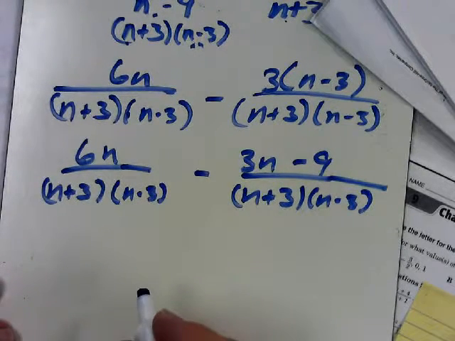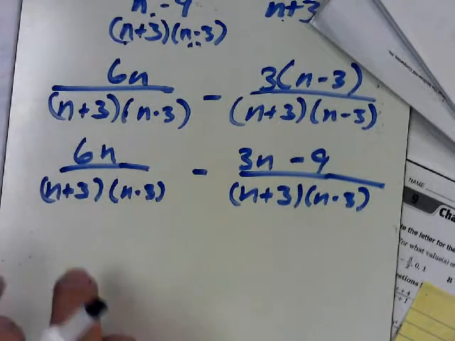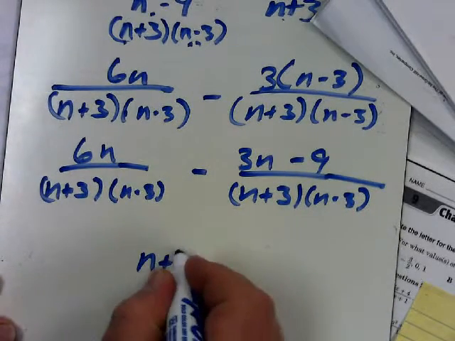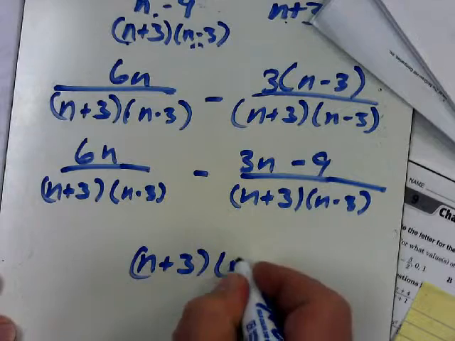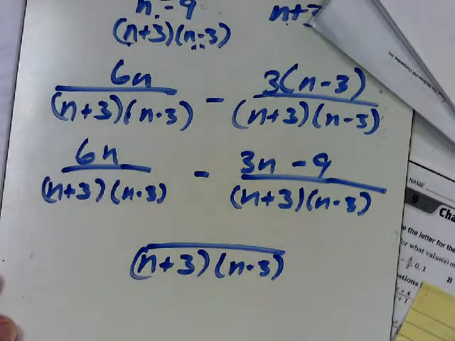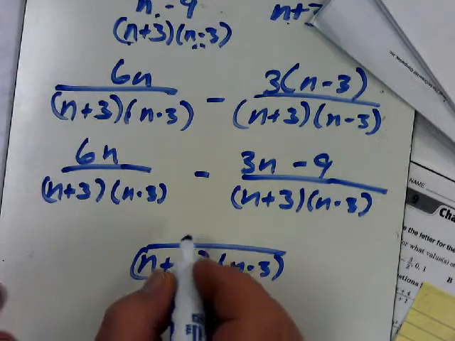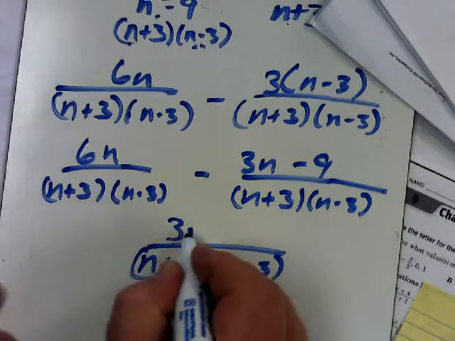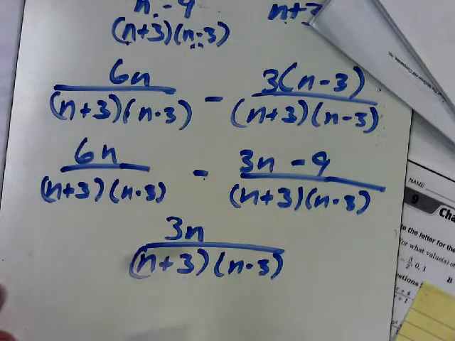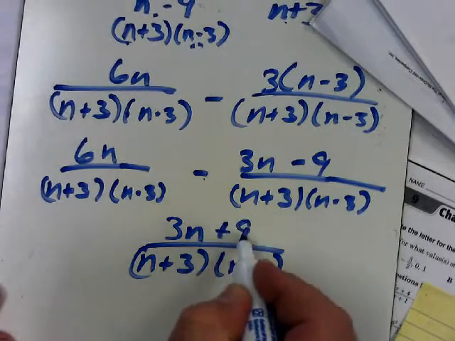Can I do any more simplification? Yeah. And what would that be? 6n minus 3n is 3n, minus a negative 9 is positive 9.